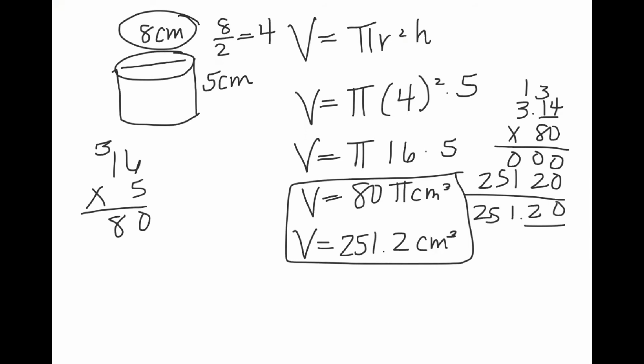You divide the 8 by 2 because this is a diameter. And the equation uses radius. So to turn diameter into radius, you divide by 2. So is the diameter half of the radius? The radius is half of the diameter. Yes. It's okay.